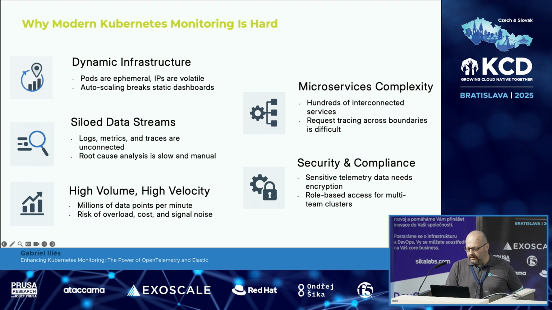Logs and metrics might contain sensitive information, so you need to secure this data and so on. So Kubernetes has a lot of good points, but from the point of view of observability, it gives us complexity, and that's where OpenTelemetry and Elastic come into play and help us bring some order into that chaos.